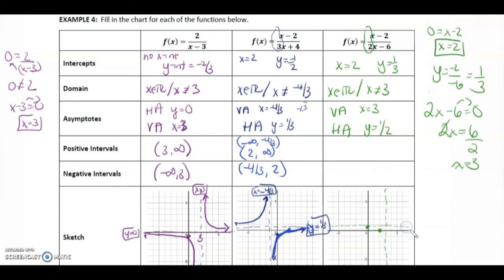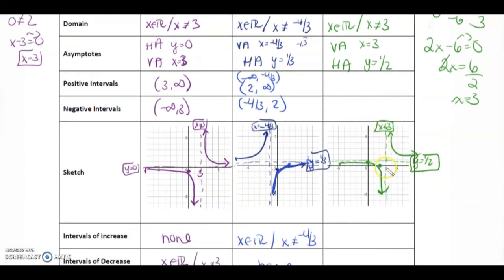Intercept is 1/3, so yeah, it's below. Okay, that's fine. Horizontal asymptote, y equals 1/2, x equals 3. Okay, so this is going to be here, and then this is going to be here.